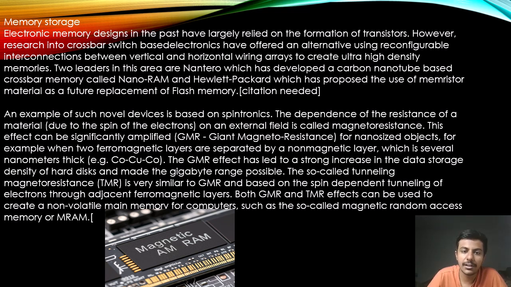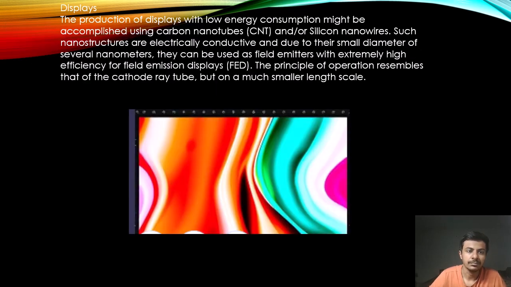On a very small chip, we can store a lot of transistors, and due to that, we are able to store a lot of data on very small scale chips. As we know, there are new displays like OLED or QLED. These are all due to the introduction of nanotechnology in electronics.